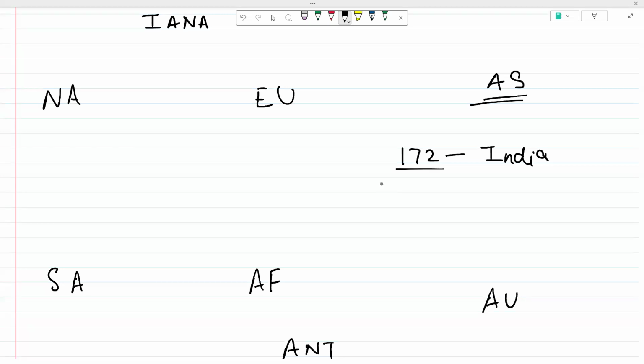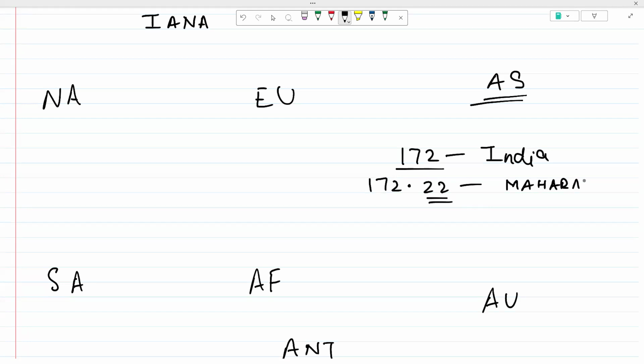Let's say, as I said, I live in Maharashtra. So they said 172 dot the next number, let's say 22, for example. 22 is for Maharashtra.